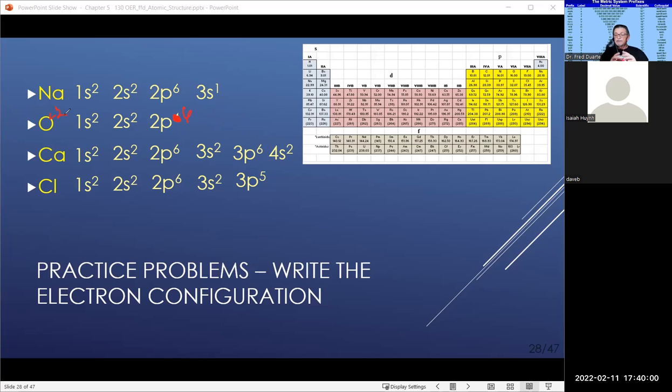And so the radius of the ion in that case gets bigger in gaining electrons. So the radius of the nonmetal ion would be larger than its respective element. The radius of the metal ion would be smaller than its respective element, okay? All because it lost and gained electrons.